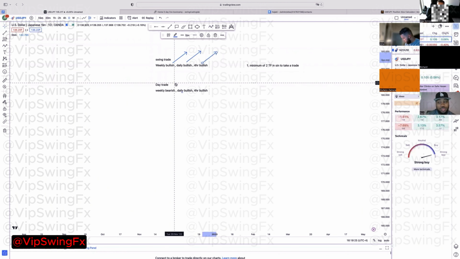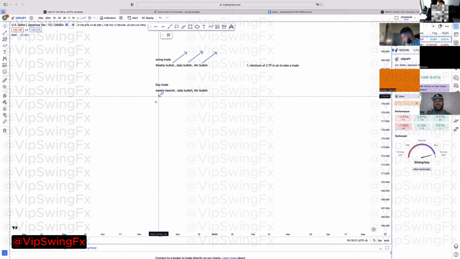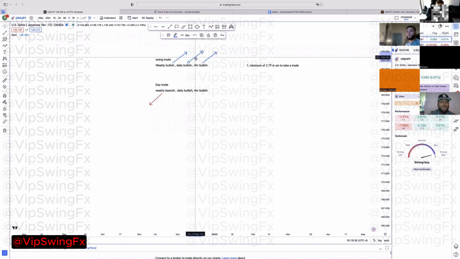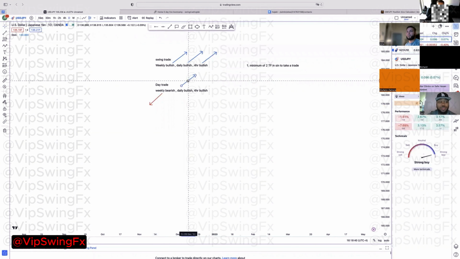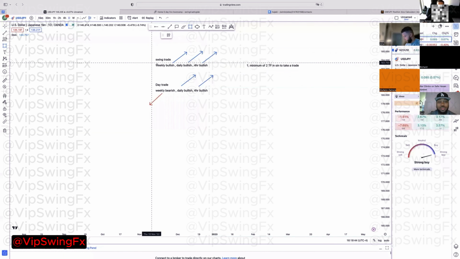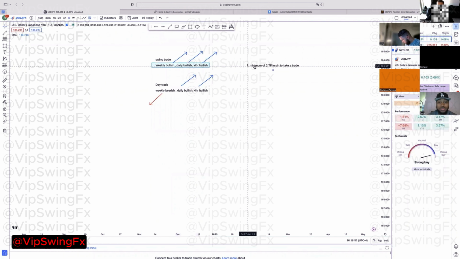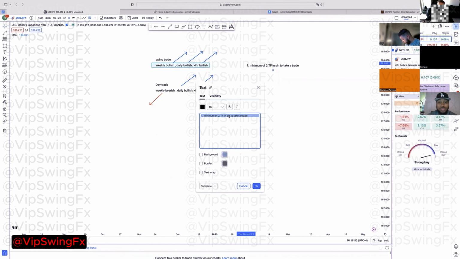But this day trade has the weekly time frame bearish, marked in red to make it more visual, the daily time frame bullish, and the 4-hour time frame bullish. Both of these trades are good for me to consider because we have a minimum of 2 time frames in sync to take a trade.